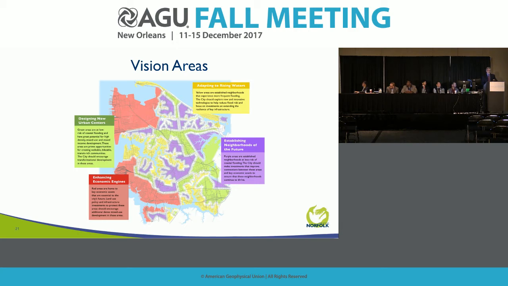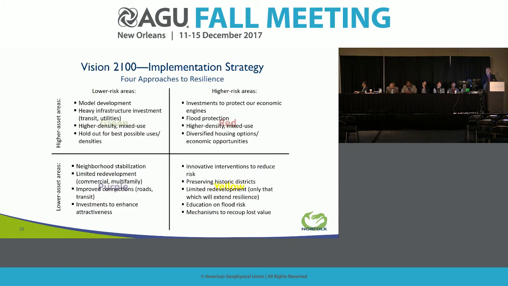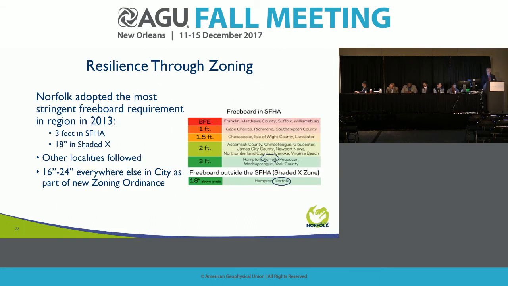Purple and green are our economic opportunities of the future, and to maintain our stable neighborhoods. We created an implementation strategy. All of this, by the way, is online, and I don't expect you to track it on the slides, for each of the areas, and that gives us our approaches to resilience.